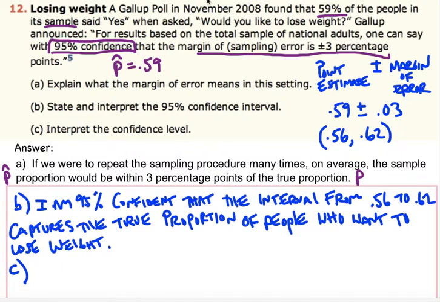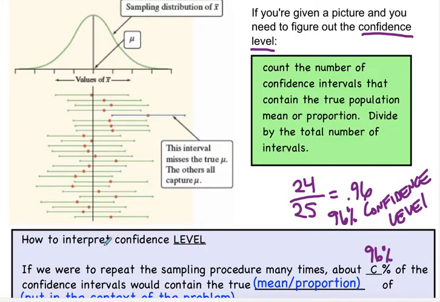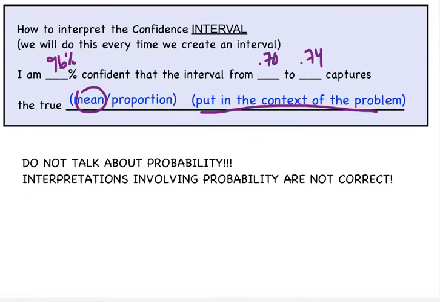Okay, part C. Maybe I'll do this in a different color. Interpret the confidence level. The confidence level interpretation is down here, remember? If we were to repeat the sampling procedure many times, about, in our case, 95% of the confidence intervals would contain the true proportion, and we're supposed to put it in the context of the problem. So the proportion of people who want to lose weight.